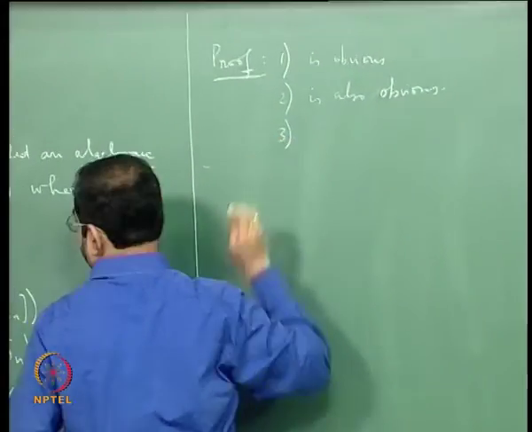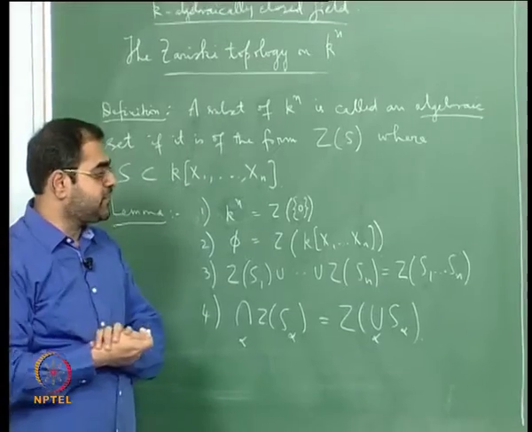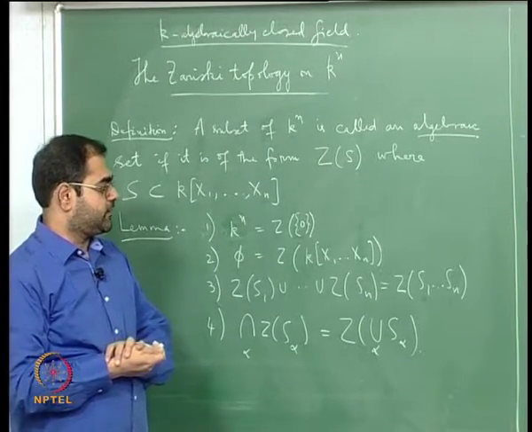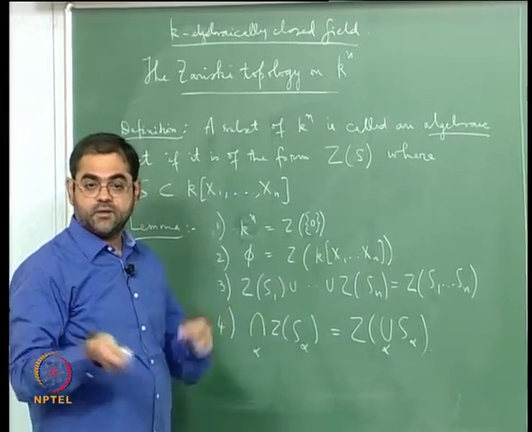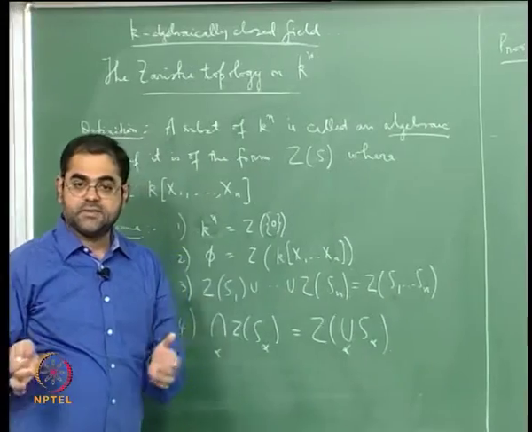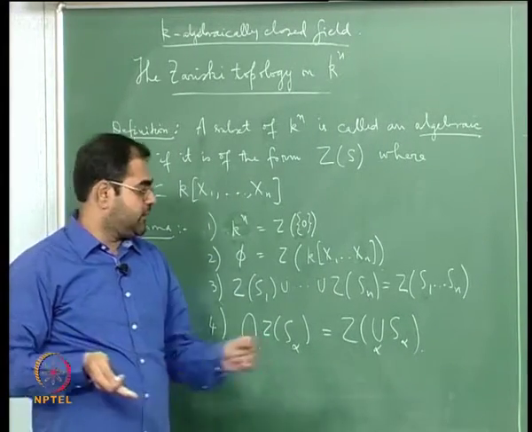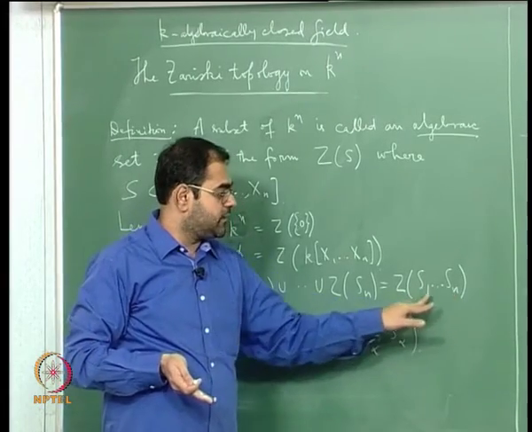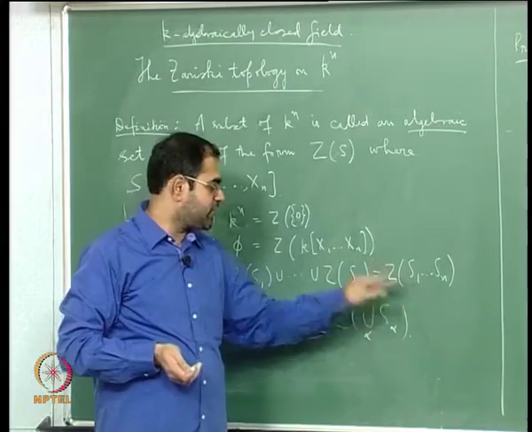As for the third one, I should explain what this S1 through Sn means. Mind you, all these Si's are subsets of the polynomial ring, and in the polynomial ring you have a multiplication. So S1 through Sn actually means products. You take products consisting of n factors where the ith factor comes from Si.